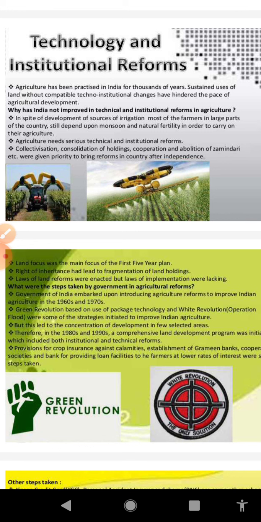So, under the Land Ceiling Act, the cultivators were not allowed to own land beyond certain limits, and these limits vary from state to state because farming lies in the subject list of the state government. Third one, consolidation of land holding. This is another important institutional reform.